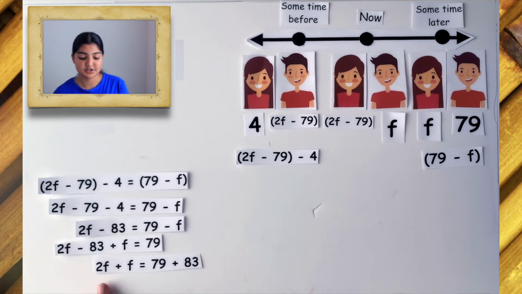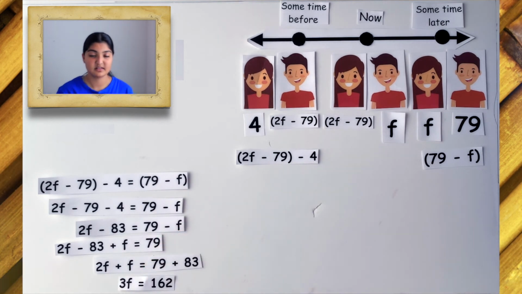This gives us 2f plus f is equal to 79 plus 83. So let's simplify both sides of the equation. 2f plus f is 3f, which is equal to 79 plus 83, which is 162. Now, let's take 3 to this side of the equation.